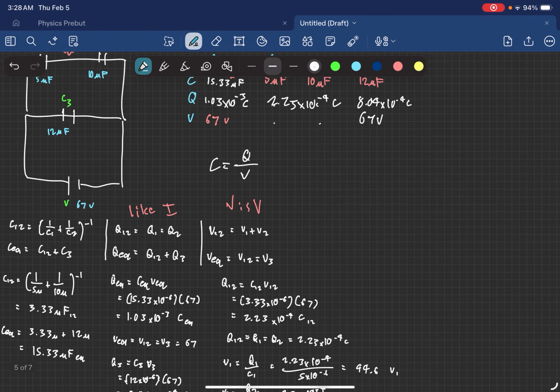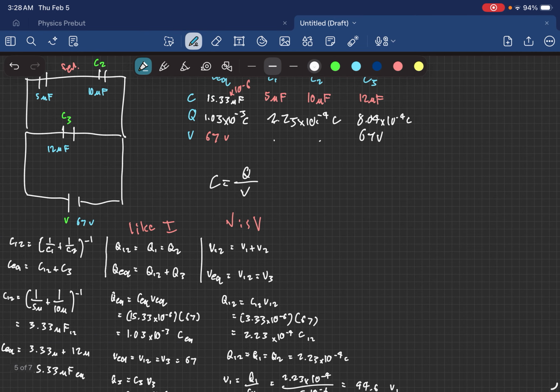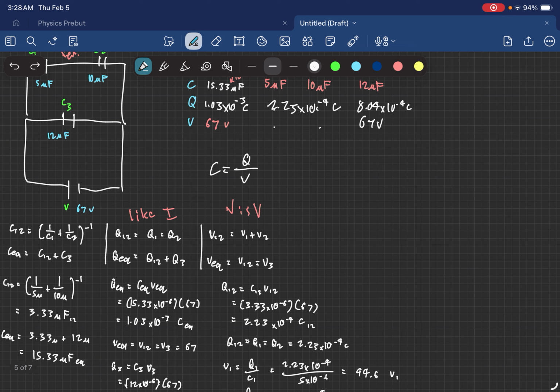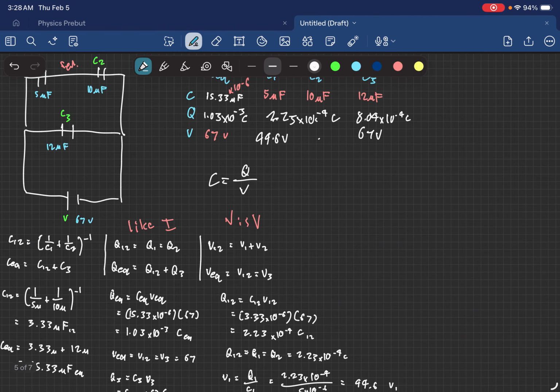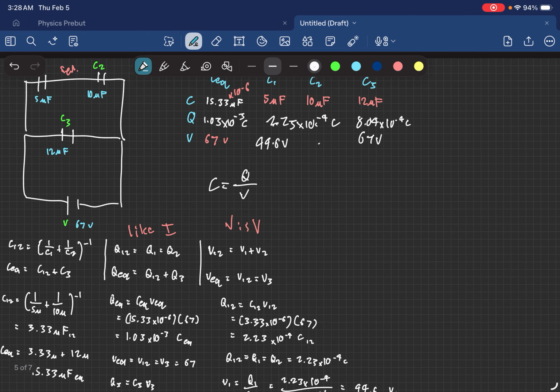And then the easiest part: 5 times 10 raised to negative 6 times this gives you 44.6 volts. And 10 times 10 raised to negative 6 times your Q2 gives you 22.3 volts.